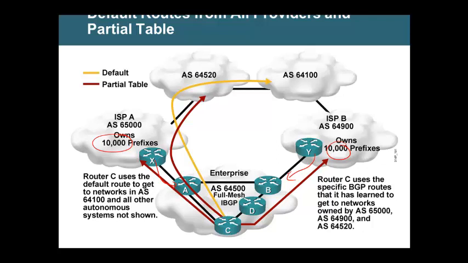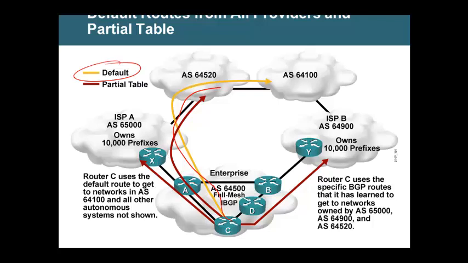So what is the advantage? For those 10,000, C will compare whether going via A is better or going via B is better. Accordingly, it will follow the path. For the rest, you may choose to go via ISP A. See the default route. For the well-known routes, we compare whether ISP A or ISP B has the better metric.